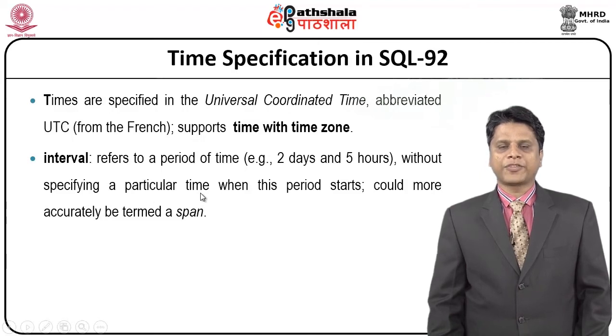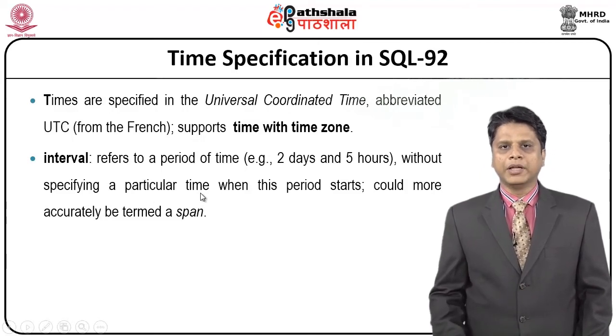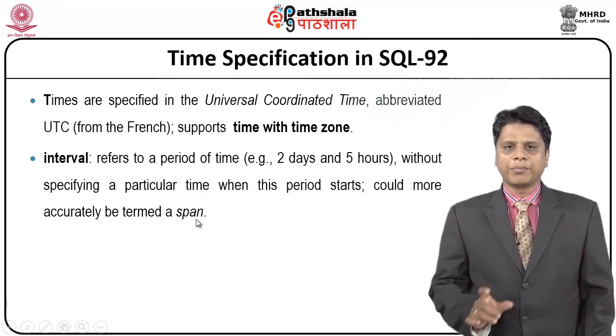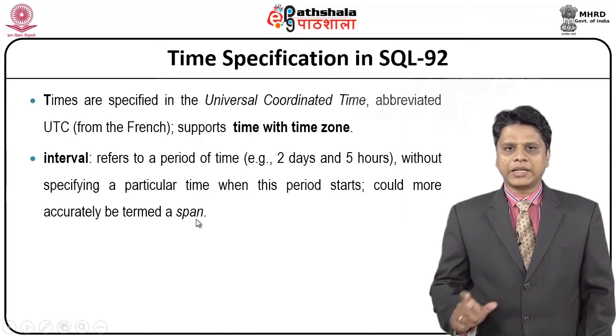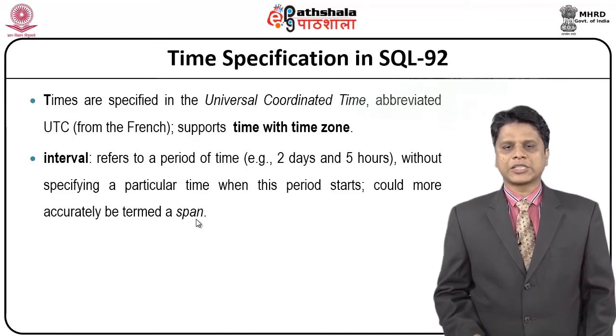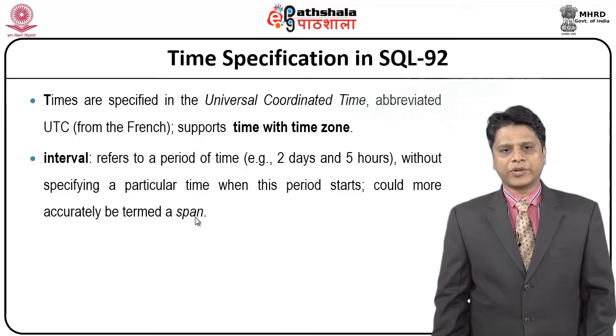I am not mentioning from what time to what time. Instead, I say this has happened for a period of time, say 2 hours. When the period starts could more accurately be termed a span. So between one time and the other, which we call a span, the span has a value which is mentioned as an interval.